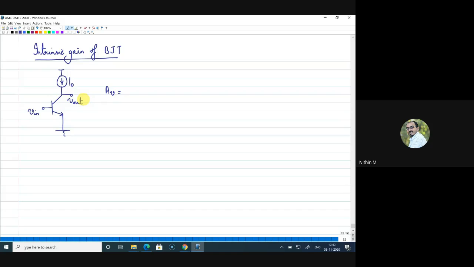As we learned the small signal model of a BJT, can you identify what AV will be in this case? We will do the derivation very shortly, but without deriving it, can you tell me what AV will be?